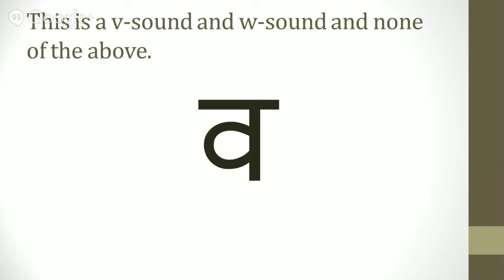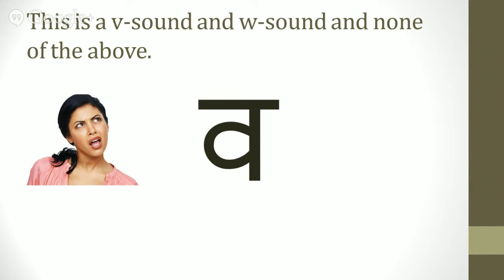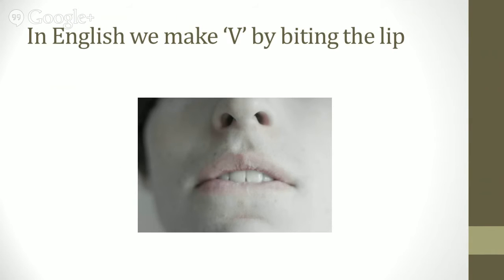How can we say that? Well, it doesn't sound like an English V sound, and it doesn't sound like a W sound exactly, but yet at the same time, it sounds like both, but it's not pronounced like either. Okay, so we're going to explain this. In English, we make the V sound by biting our lip.